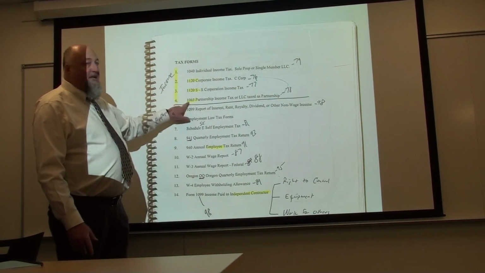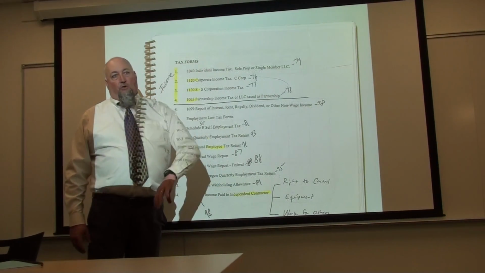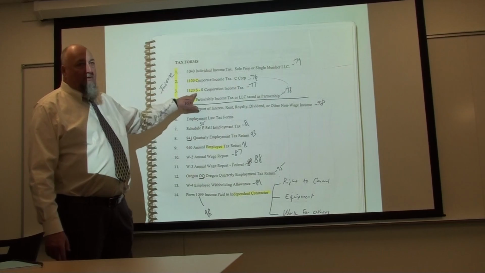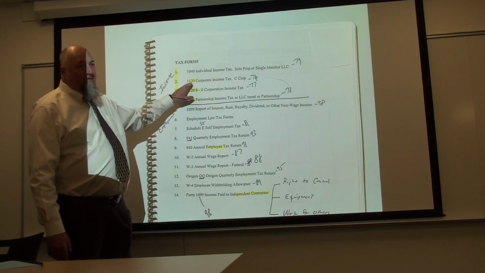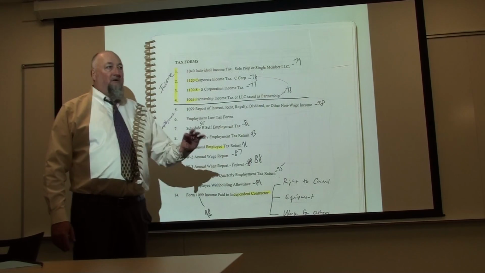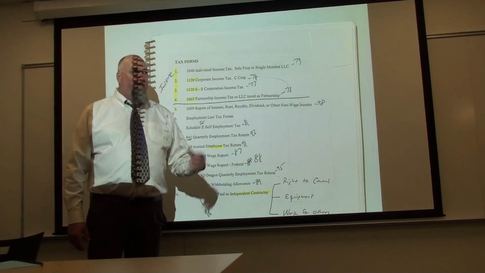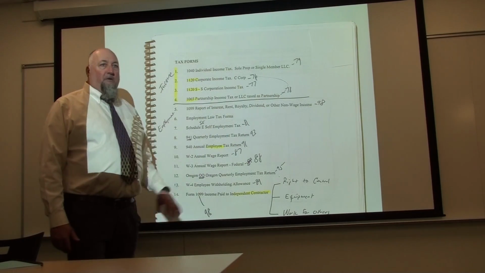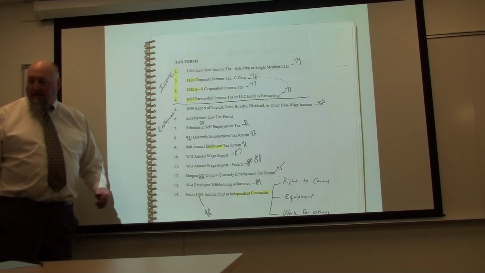Answer, Form 1065. What is the name of the tax form for an S corporation? Form 1120S. C corporation, Form 1120. So I'm going to ask you the specific form numbers. Now that'll be a multiple choice type question, okay? So you can just look it up. But be able to turn to this page during the test so that way you can look it up.